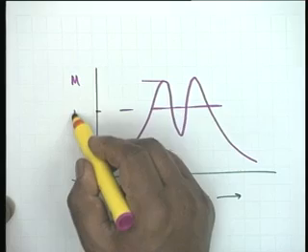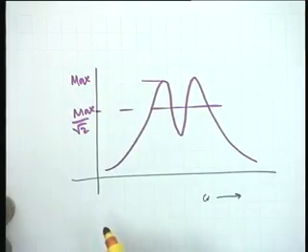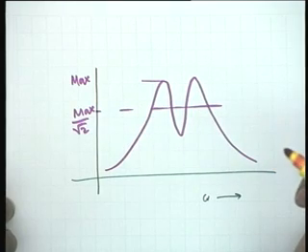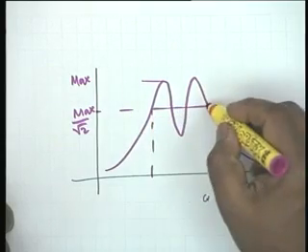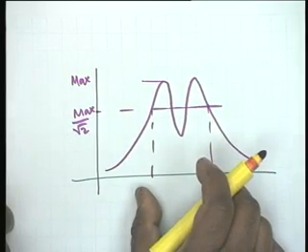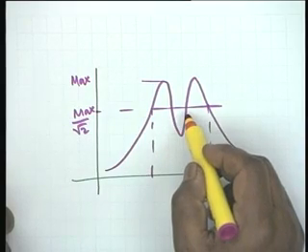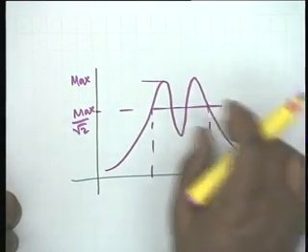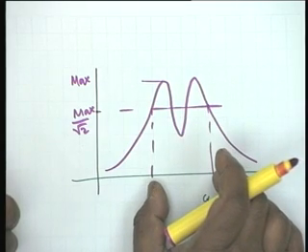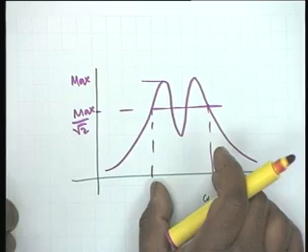This is max, and this is max by root 2. Well, such a response is hardly of any utility, because you can't say this is the bandwidth. Within this band, there is a band which falls below 3 dB. Isn't that right? And therefore, the group of frequencies situated between these are not passed almost equally.